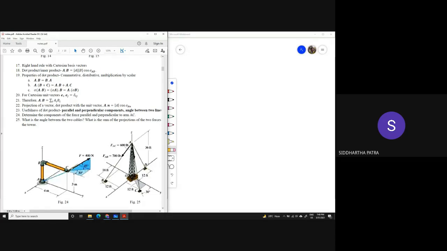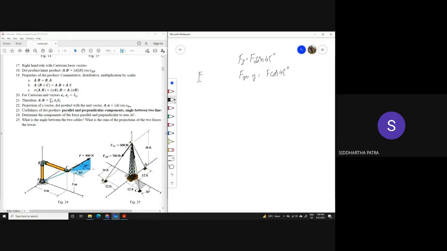At first, how do we get the Cartesian components of F? It makes an angle of 45 degrees with a plane that is parallel to the XY plane, and it lies above the XY plane. Which means F sin 45 is going to be the Fz component. Now what about the Fxy component? That is essentially F cos 45 degrees, the projection of F on the plane parallel to the XY plane.